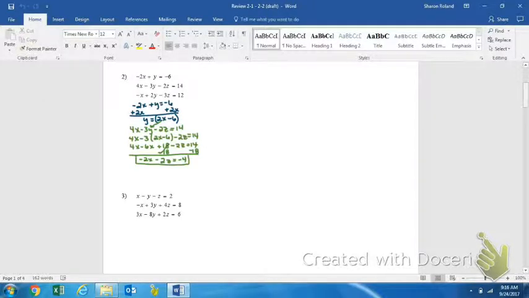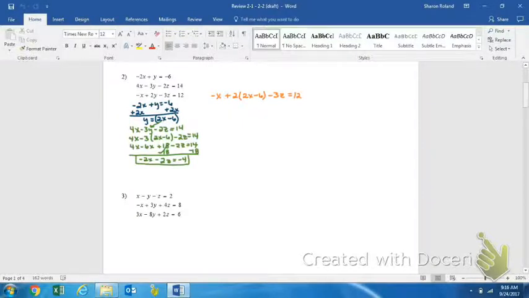So I'm going to come over here and plug y equals into the next one. So the last equation is negative x plus 2y, but I'm not putting y, I'm putting what it equals. And that would be 2x minus 6 minus 3z equals 12.